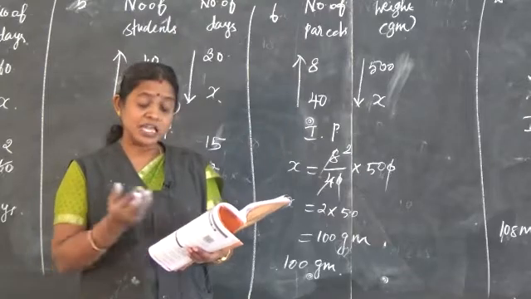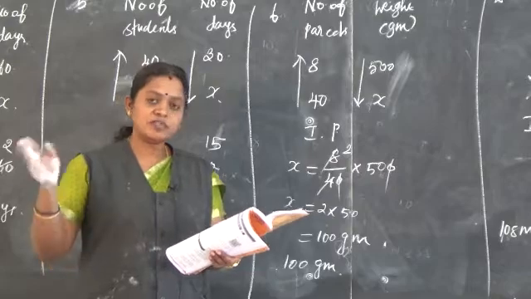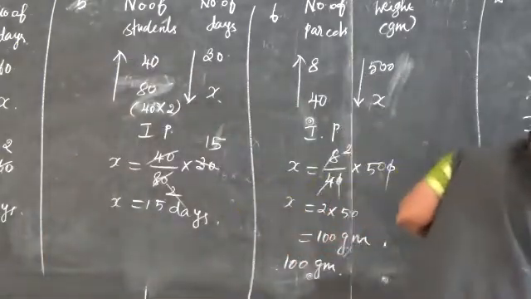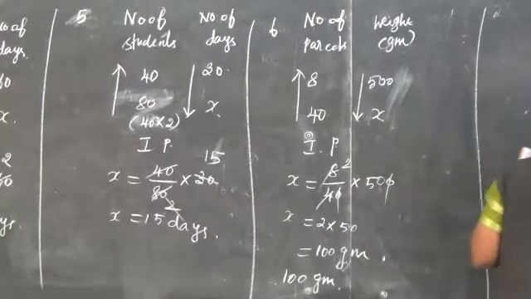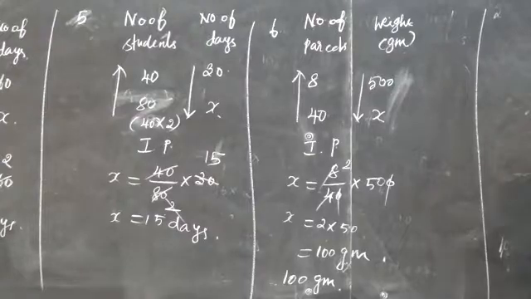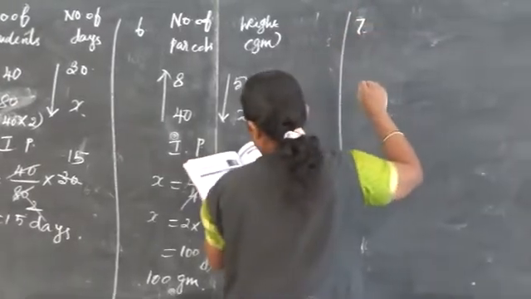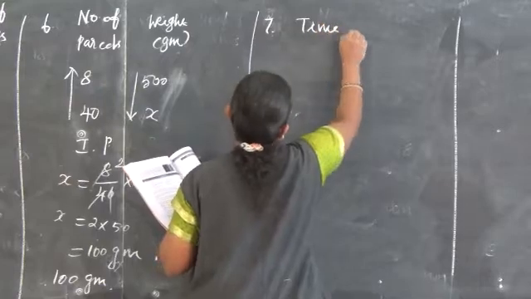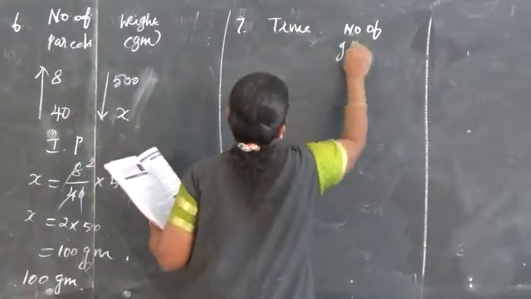So if the time taken to finish the work is less, definitely we can complete the work only by involving more gardeners. So in the seventh one, we should find out the number of gardeners. That's why I am writing it in the second quantity, number of gardeners.